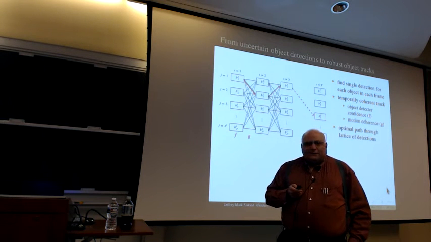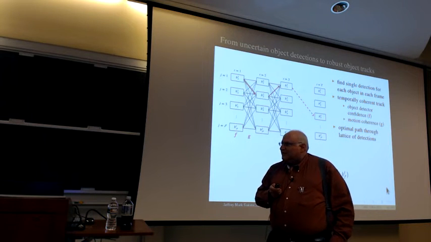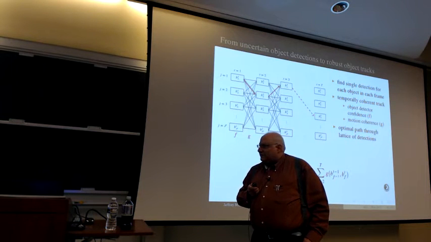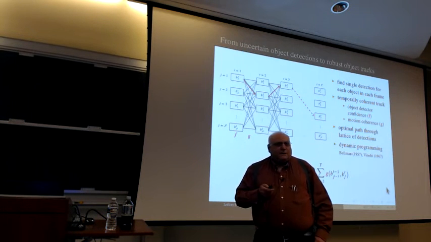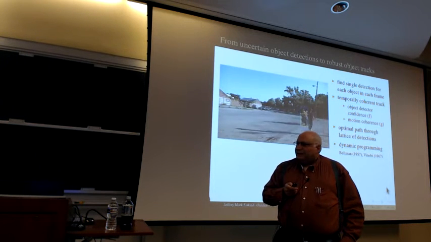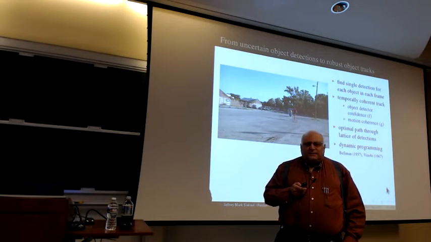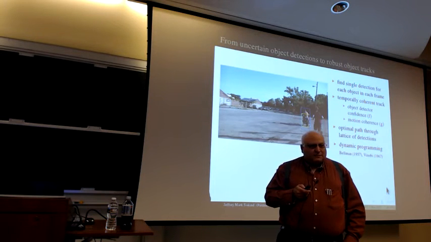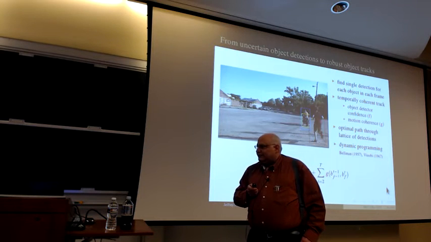And we can attempt to find an optimal path through this lattice by optimizing a linear combination of these two characteristics. And that can be done using the Viterbi algorithm. And if you do that, you turn an unreliable object detector into a selection process that can produce reliable tracks.